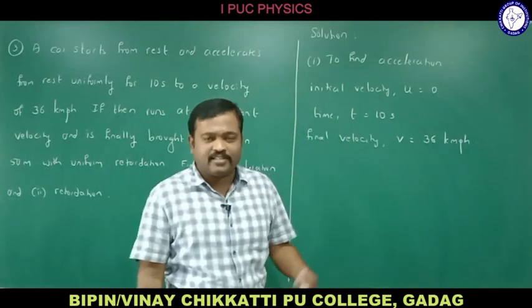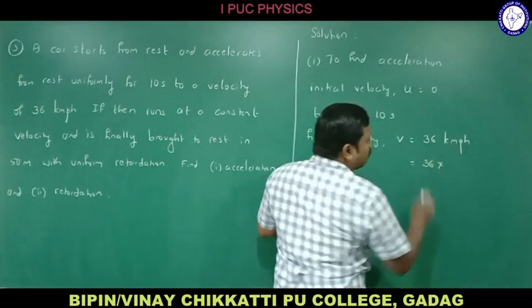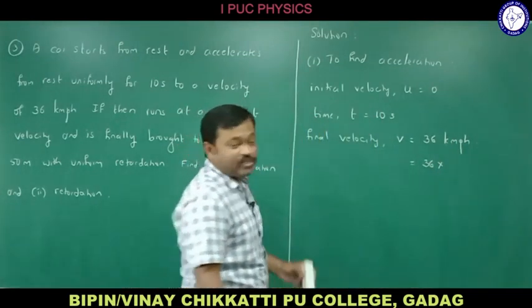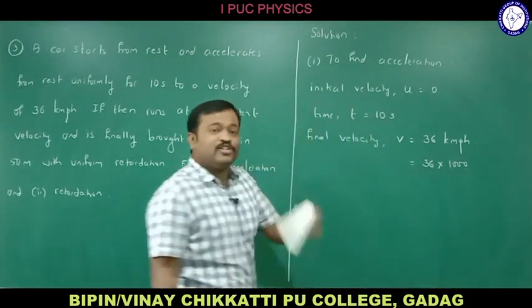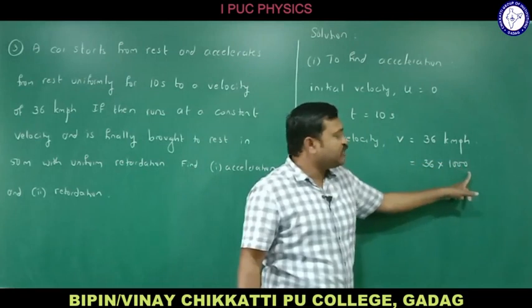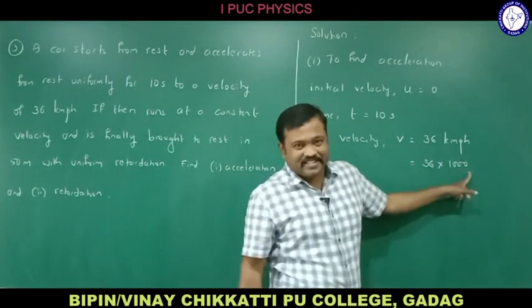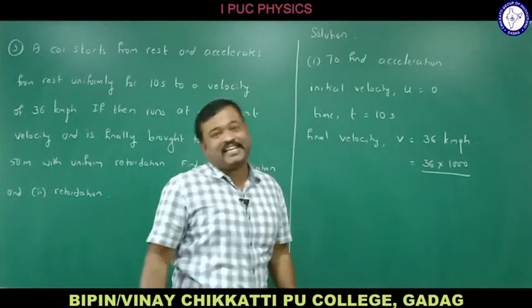How do I do that? Let us check it out. Right? 36. How much meter is 1 kilometer? 1000. I can write like this. Kilometer. I will be multiplying it by 1000 so that kilometer is converted into meter. 1 kilometer is equal to 1000 meters. So per, right? Hour should be converted into seconds, right?